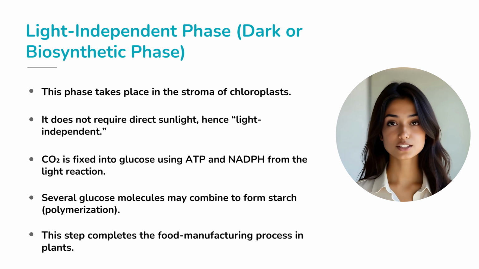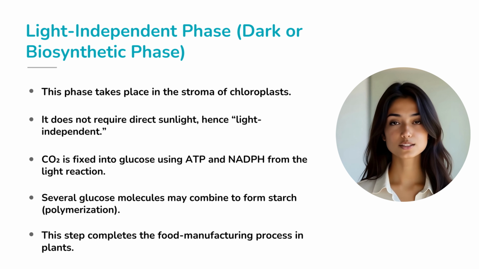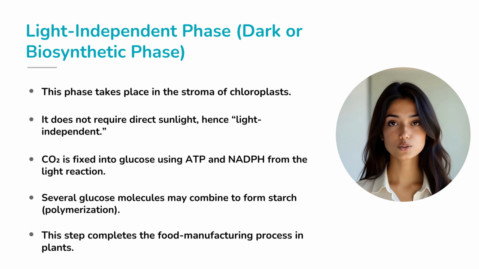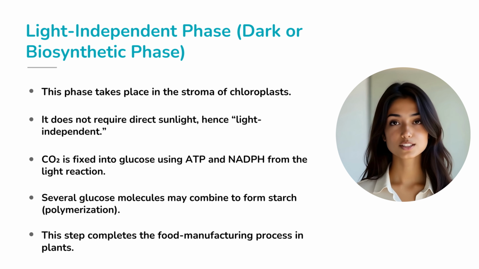Now comes the second phase, the light-independent phase, often called the dark phase. The term dark doesn't mean it happens at night, it simply means this phase does not require light directly. Instead, it uses the ATP and NADPH produced in the light reaction. This phase occurs in the stroma of the chloroplast, the fluid-filled space surrounding the thylakoids.